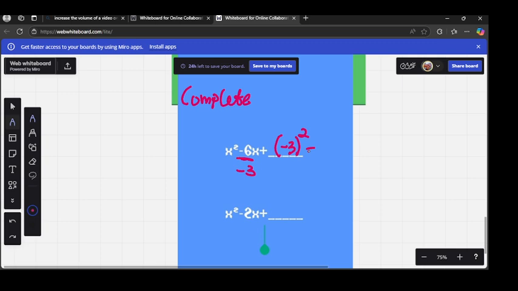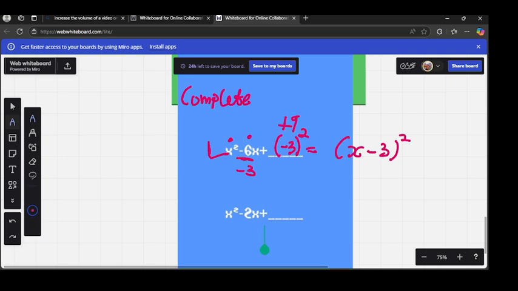And this is the square of x minus 3. Do you know why it's minus this time? Because here is minus 3 all squared. So this is x minus 3 all squared to give me x squared minus 6x plus minus 3 all squared, which I know is plus 9.